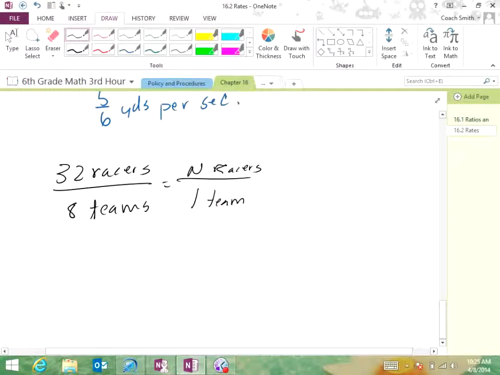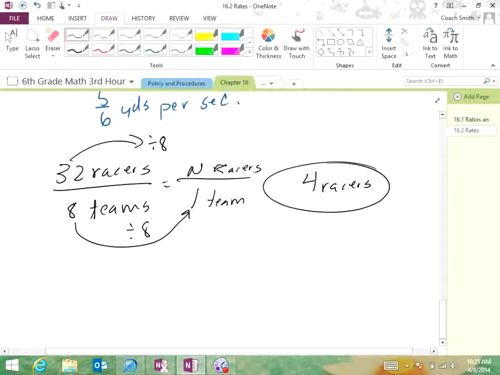Drew? 4. How did we come up with that? We divided it. What did it take us to go from 8 to 1? We divided by 8. So we divided the bottom of the fraction by 8, so we have to do the same thing to the 32 on top. And that gives us 4 racers.